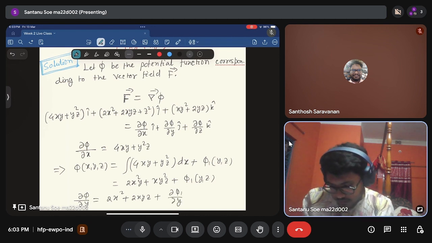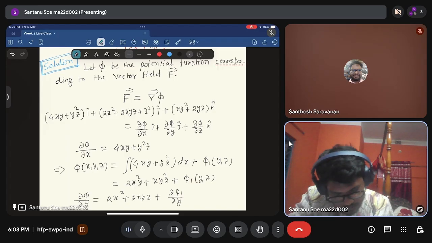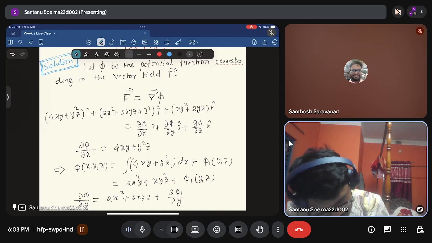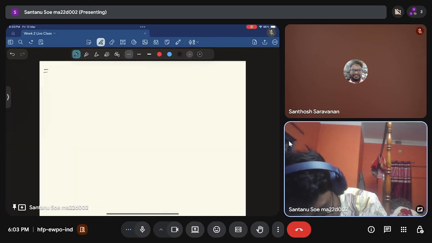Okay. So now we can put the value of del phi by del y from here, which is 2x square plus 2xyz plus z square.